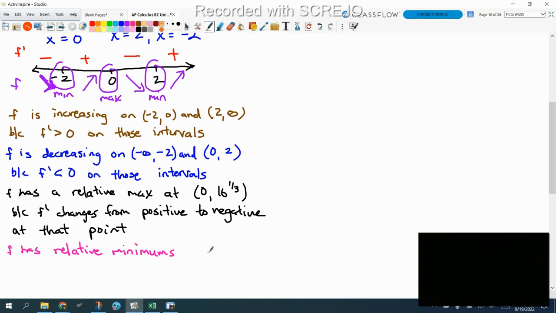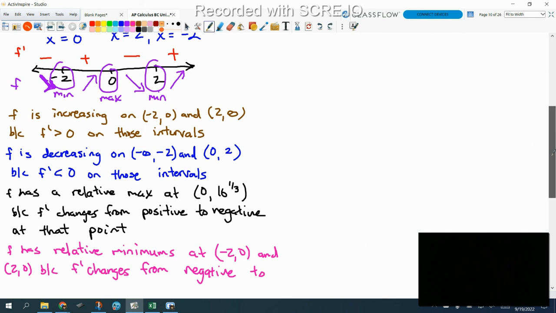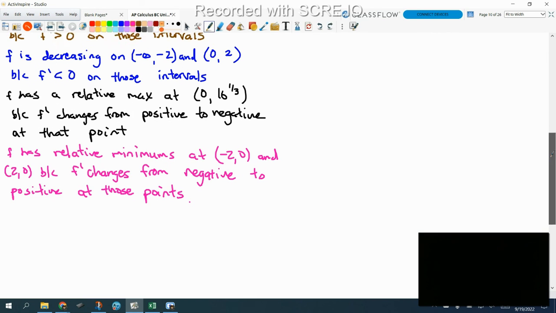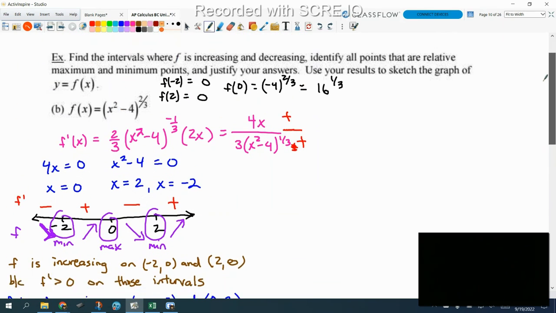I'm going to go with minimums at negative 2, 0 and positive 2, 0, because f prime changes from negative to positive at those points. All right, so I think we found everything that we've been asked to find.